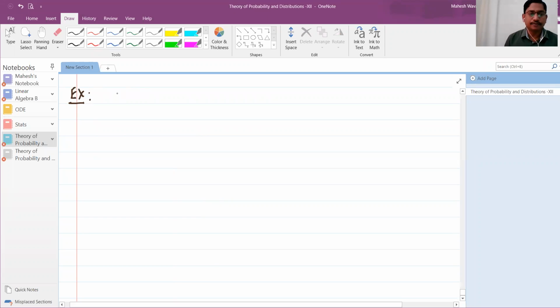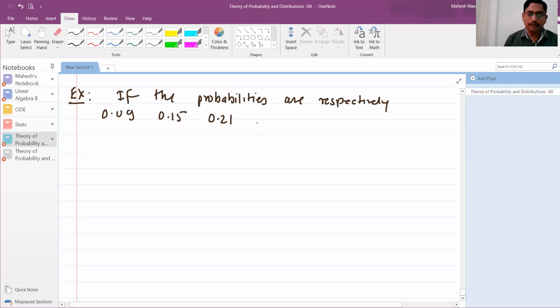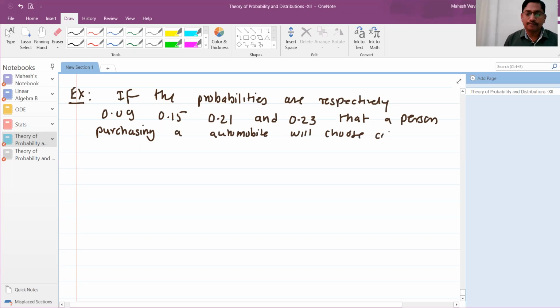If the probabilities are respectively 0.09, 0.15, 0.21 and 0.23 that a person purchasing a new vehicle will choose the color green, white, red or blue. So the probability of choosing the color green is the first, that is 0.09.